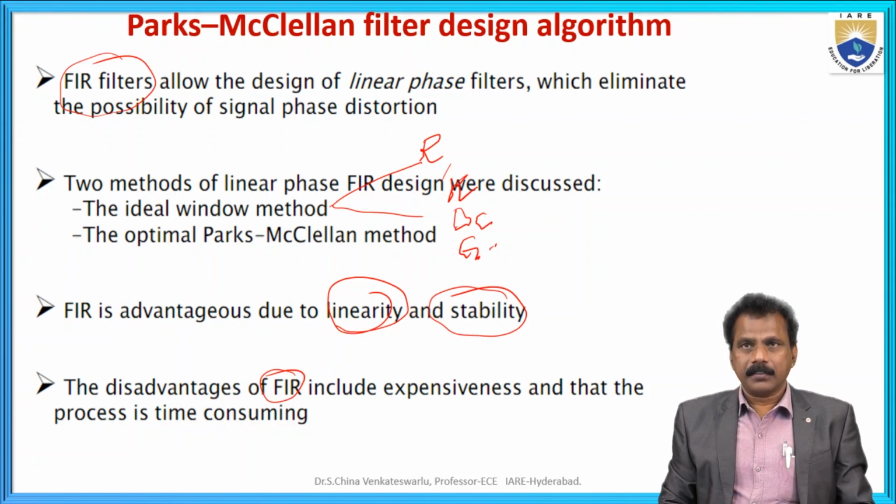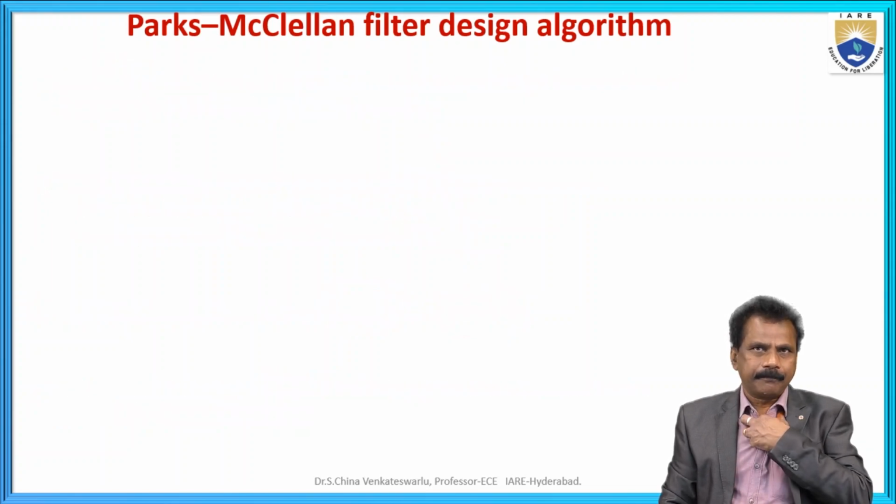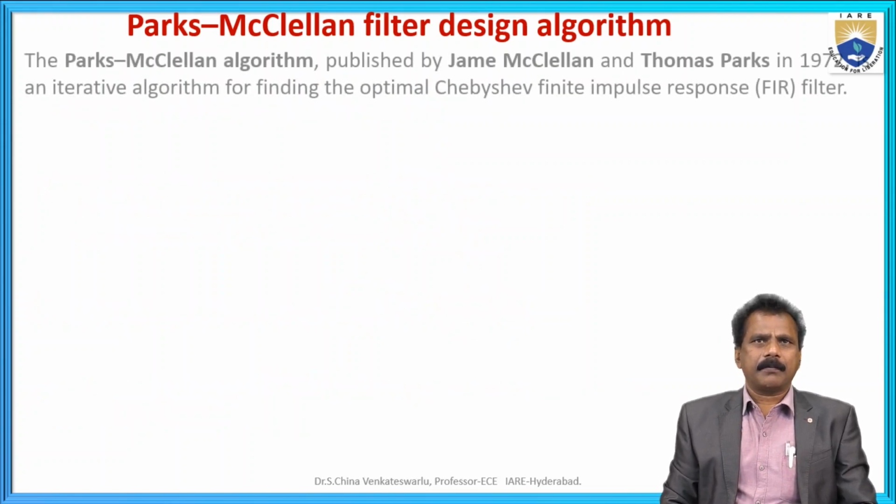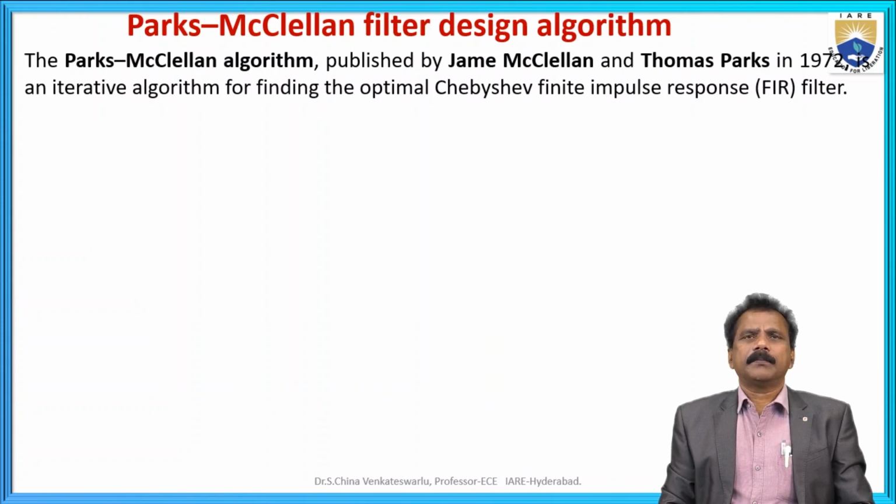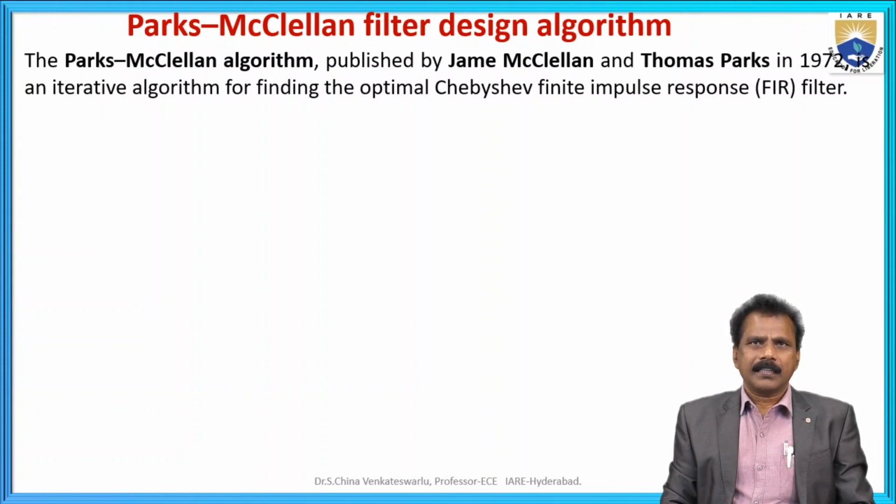With reference to this, we are to verify the importance of this and the previous one. The Parks-McClellan algorithm, published by James McClellan and Thomas Parks in 1972, is an alternative algorithm for finding the optimal Chebyshev FIR filter, or finite impulse response filter.